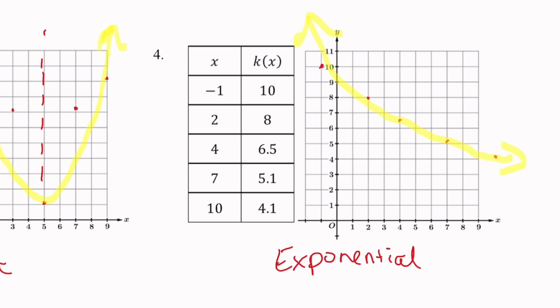Exponential. And if you are still mixed up between linear and exponential, you can look at the table here, but make sure you're always looking at the equal length inputs. So we know these two are +3, these two aren't +3, so you don't want to look at those two numbers. These two are +3, and these two are +3 too. So we see this is whatever number it gets multiplied by.